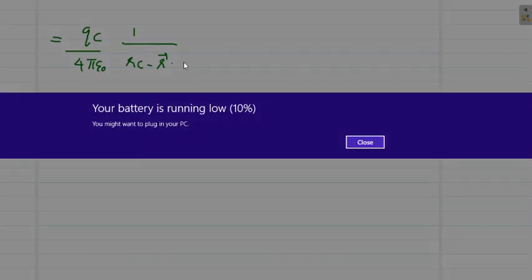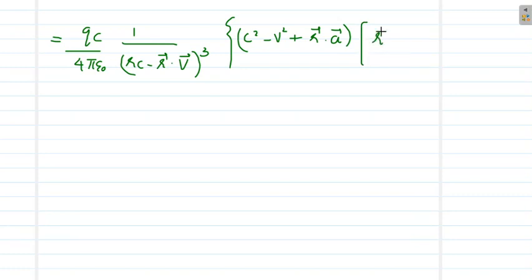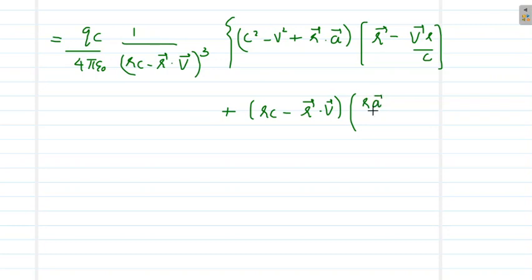So E bar is equal to qc by 4 pi epsilon 0 into 1 by rc minus r bar dot v bar the whole cube into c square minus v square plus r bar dot a bar into r bar minus v bar r by c plus rc minus r bar dot v bar into r a bar by c.